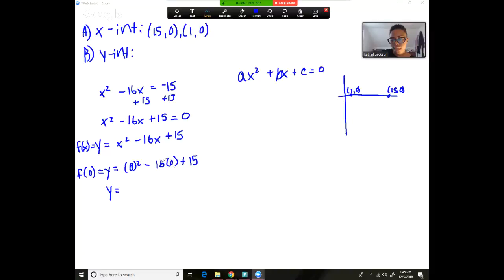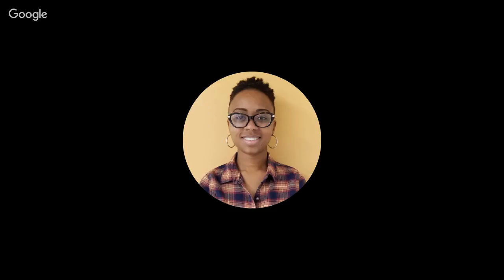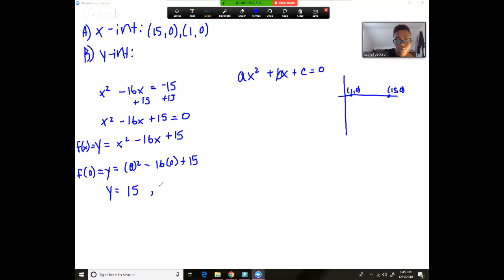So y is equal to 15 when x is equal to 0. That is our y-intercept. We turn this into a point. The y-intercept is 0, 15. So this is where our graph crosses.